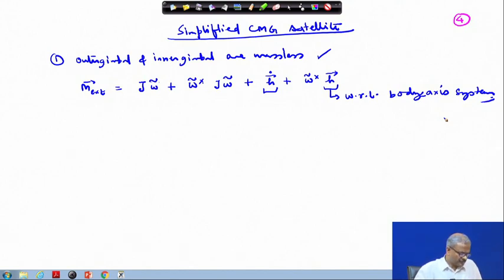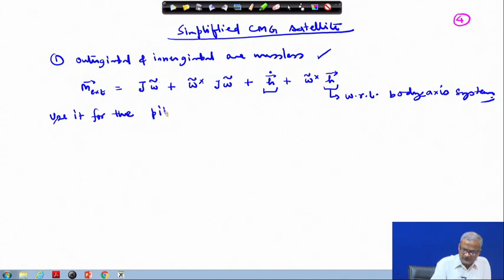So we are going to use it for the pitch control of the satellite.